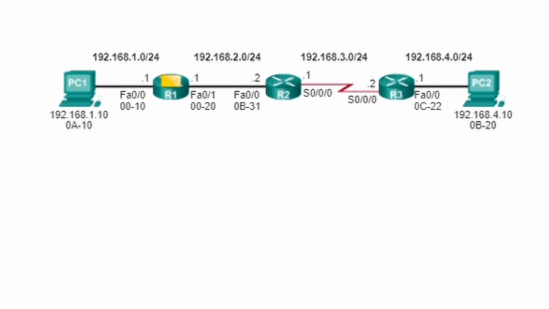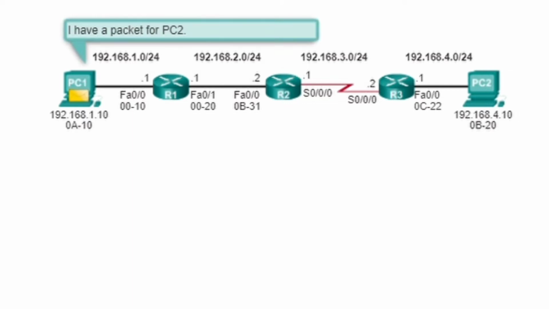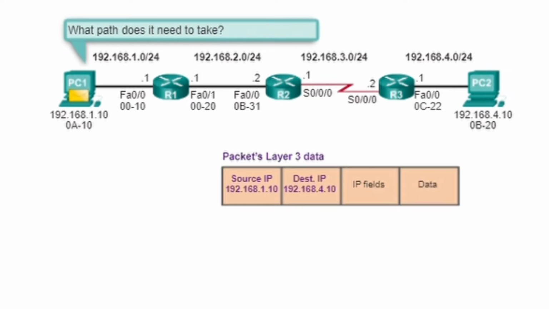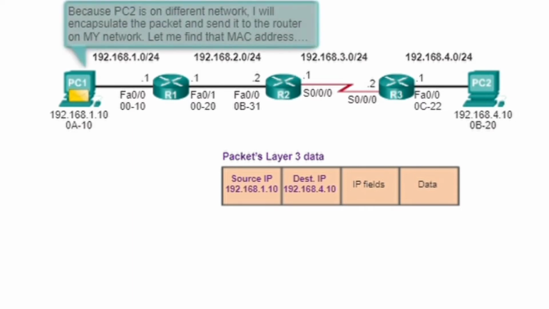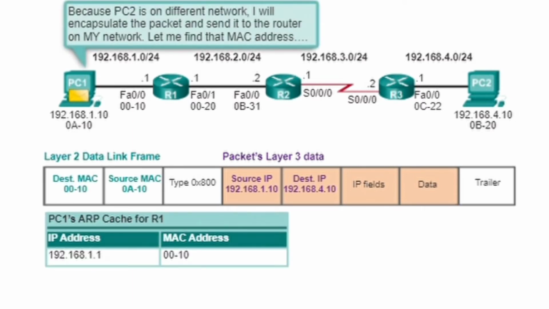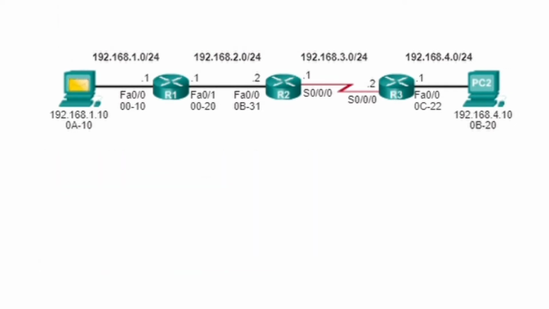In the animation in the figure, PC1 is sending a packet to PC2. PC1 must determine if the destination IPv4 address is on the same network. PC1 determines its own subnet by doing an AND operation on its own IPv4 address and subnet mask. This produces the network address that PC1 belongs to. Next, PC1 does the same AND operation using the packet's destination IPv4 address and the PC1 subnet mask.